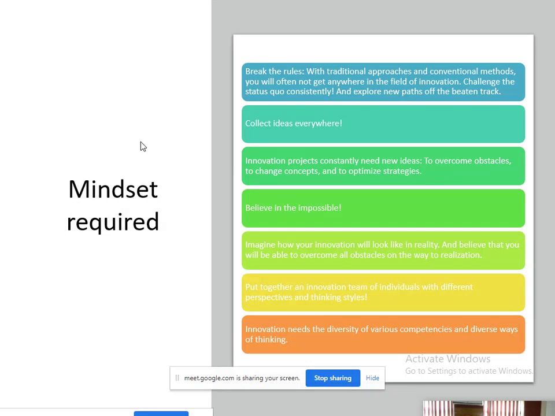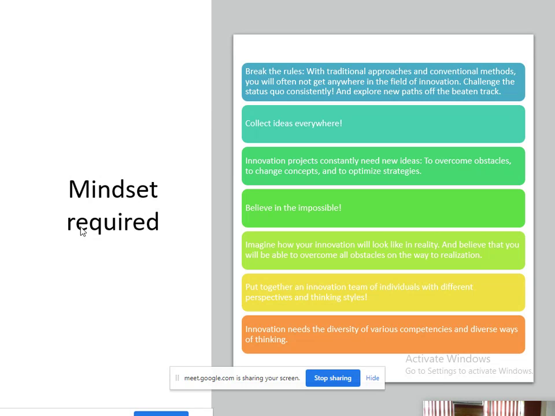Definitely, whoever is doing the innovation project, the team members must have new ideas, whether from the technical part, the creative part, or the communication part. From everywhere you must have new ideas. Why do we need this? To overcome the obstacles, to change concepts, and to optimize strategies.